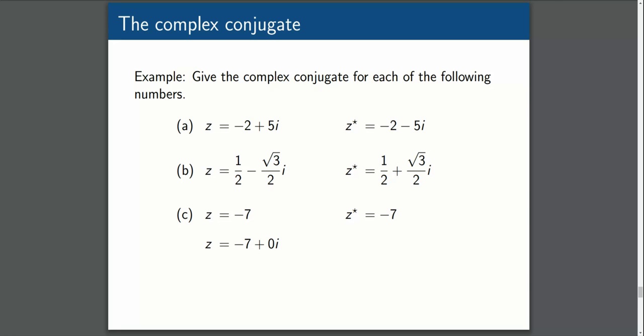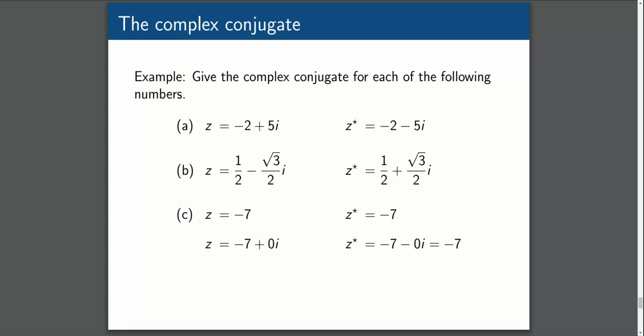Then when I take the conjugate, I change the sign just on the imaginary part. Notice that the real part stays negative. It's still negative 7. I change my plus 0i to a minus 0i. But 0 is a special case. Minus 0 is still 0, and so the conjugate simplifies down to minus 7.